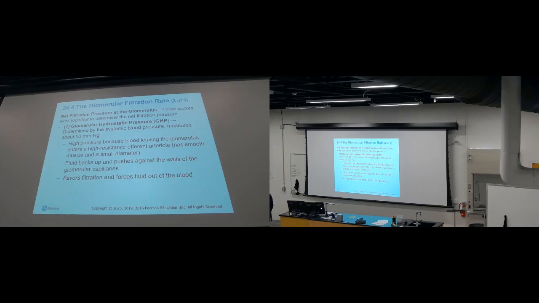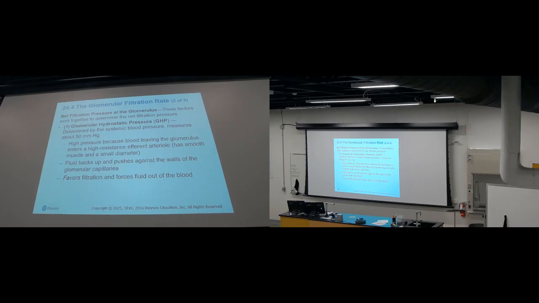In the capsular space, we shouldn't have any proteins, but we have fluid because it's not dry. So that fluid tries to force fluid into these capillaries, into the glomerulus, but it's not as great as the one that we have inside the glomerulus. So that's why the fluid tends to go from the glomerulus into this space.